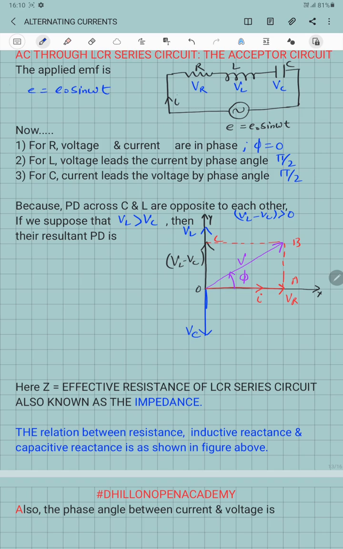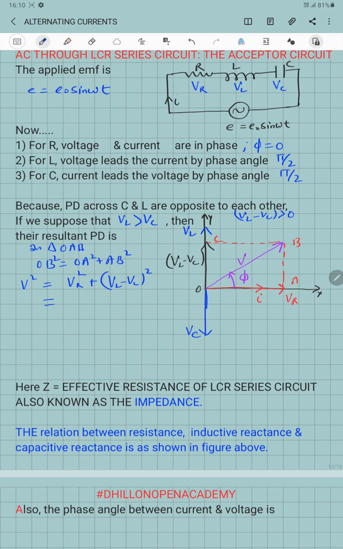In triangle OAB we use the Pythagoras theorem, which says that OB square is equal to OA square plus AB square, that is V square is equal to VR square plus VL minus VC whole square.